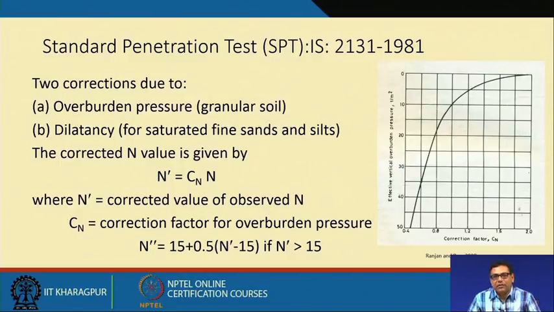We know the shear strength expression is tau equal to c plus sigma n dash into tan phi, in terms of effective stress. As I mentioned, it is fine sand and silt, where we assume cohesion is 0. So the shear strength expression will be sigma n dash into tan phi, where sigma n dash is total stress minus pore water pressure, into tan phi.